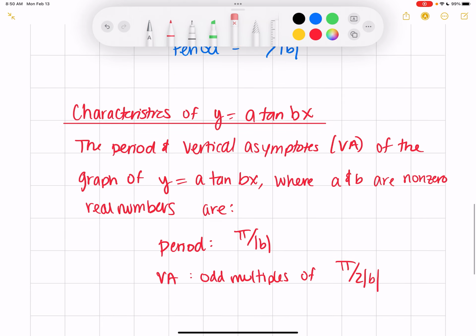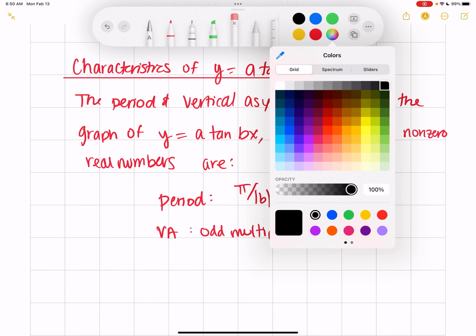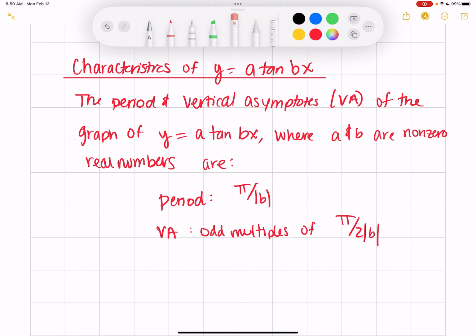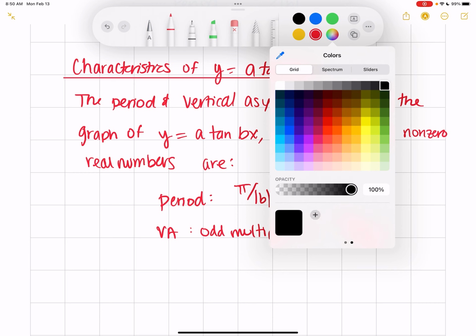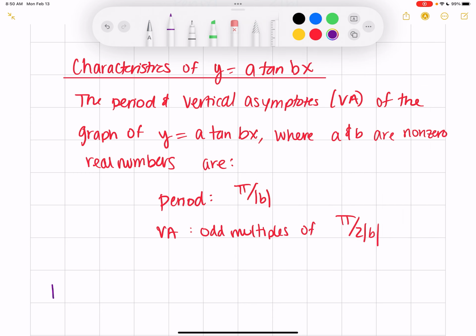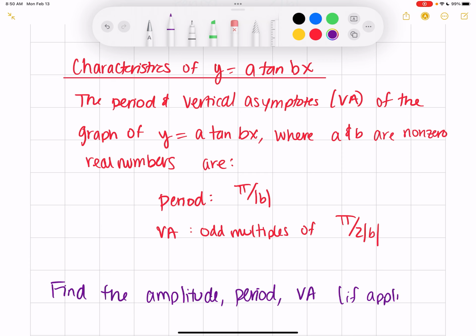We just find the amplitude, period, and I'm just going to put vertical asymptotes, and then I'm just going to say if applicable for all of these so I don't have to write it twice. Obviously, only tangents have vertical asymptotes, and only sine and cosine have amplitude. So just whatever is applicable to the given situation is what you're finding.